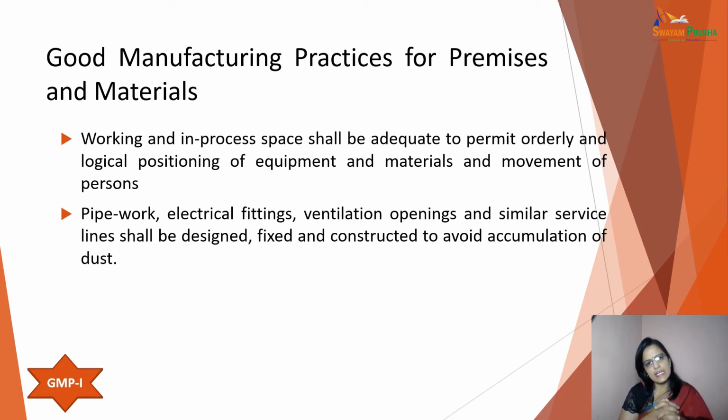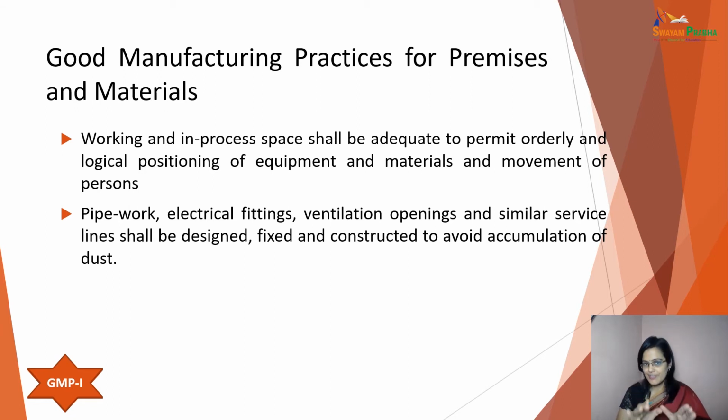The next is that under production, the working and in-process space shall be adequate to permit orderly and logical positioning of equipment and material, and movement of persons, to avoid cross contamination and minimize the risk of omission. So here we are discussing the general guidelines for the manufacturing or production area.